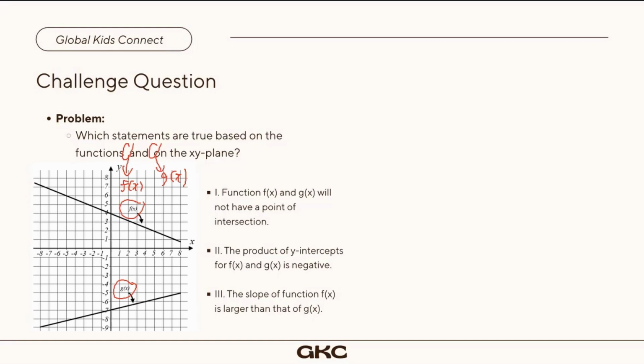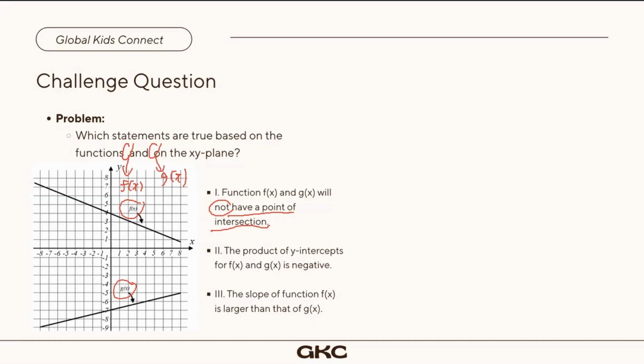And so the first statement says the function f of x and g of x will not have a point of intersection, meaning that the two graphs will not meet. And then if we go back a couple classes ago, we learned about parallel lines.